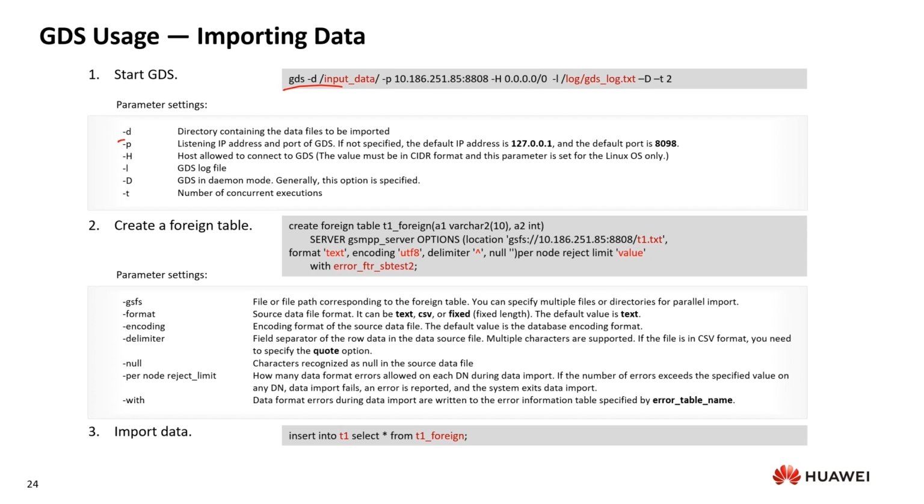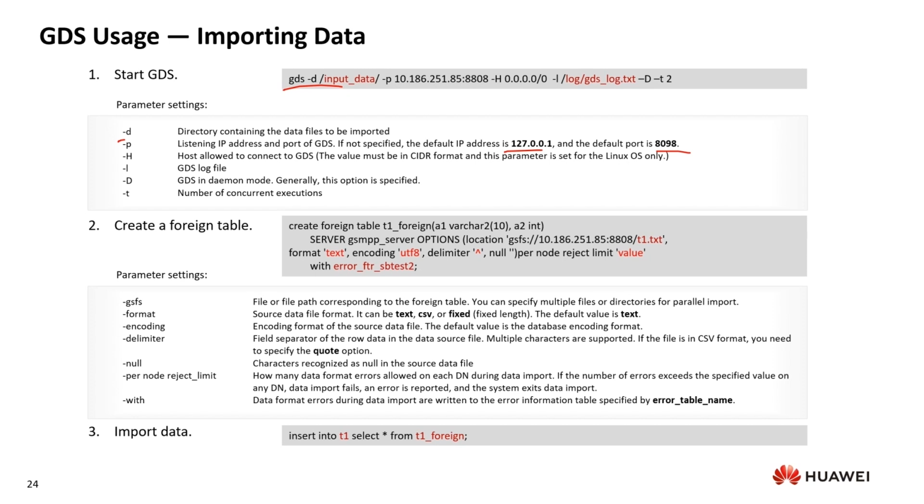If not specified, the default IP address is 127.0.0.1, and the default Gauss data service listening port is 8098. The uppercase -H indicates the GaussDB host allowed to connect to the Gauss data service. The -l indicates the Gauss data service log file.